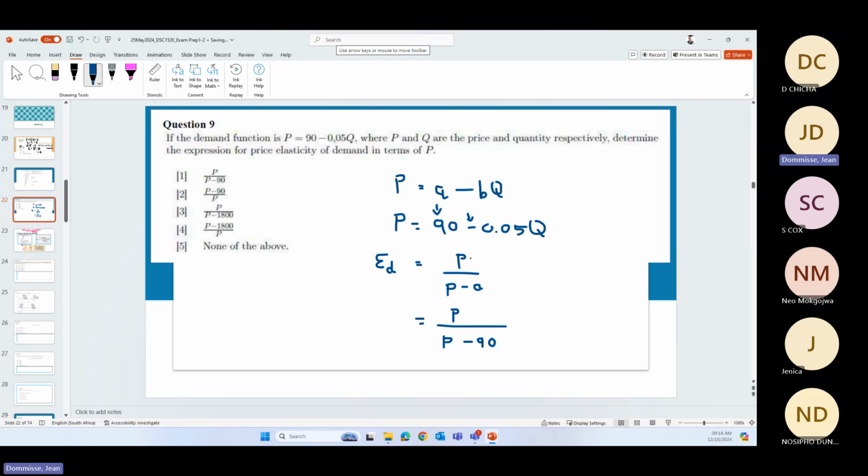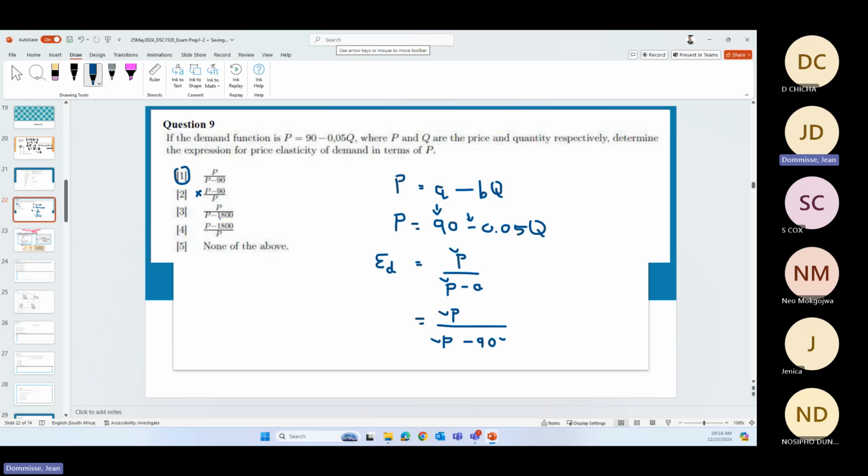So we've got the P over A, so that it is in terms of P. If it needed to be in terms of Q, we need to rewrite that. Then it is P minus A minus 90. Let's just, those two are swapped around, so that's why that's not right.